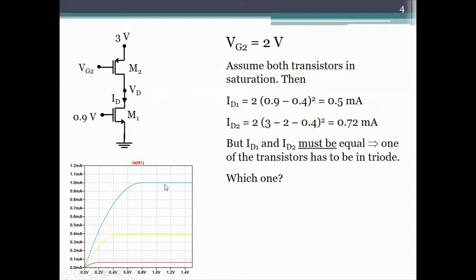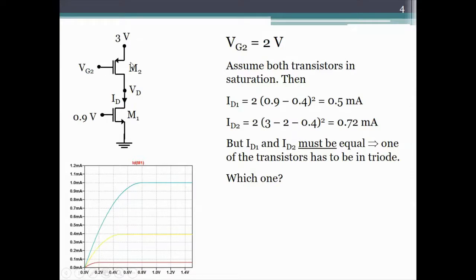If we have a transistor in saturation, the current through it is constant. If the transistor is in triode with the same gate source voltage, then the current in it will be smaller. Alright, this ID-VD plot is for the same gate source voltage.